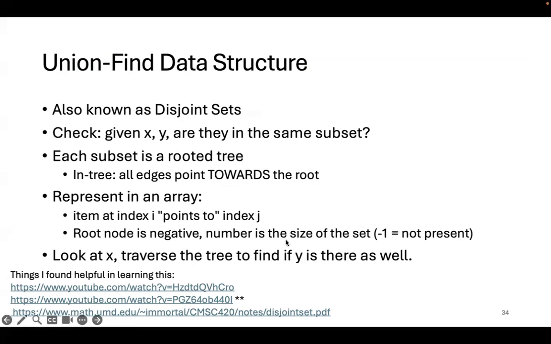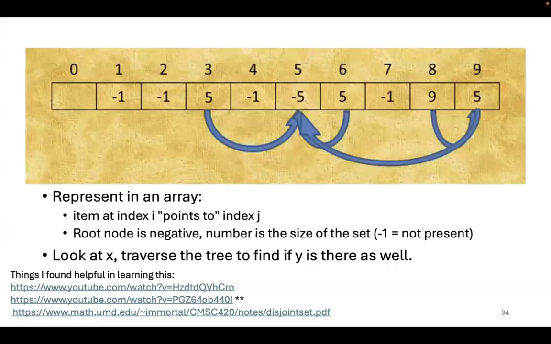Yeah, and so I have references here. It's a little bit tricky, but the idea is we could store it in like an array and then represent the tree like this. So like we have a tree of 3, 5, 6, 8, and 9.